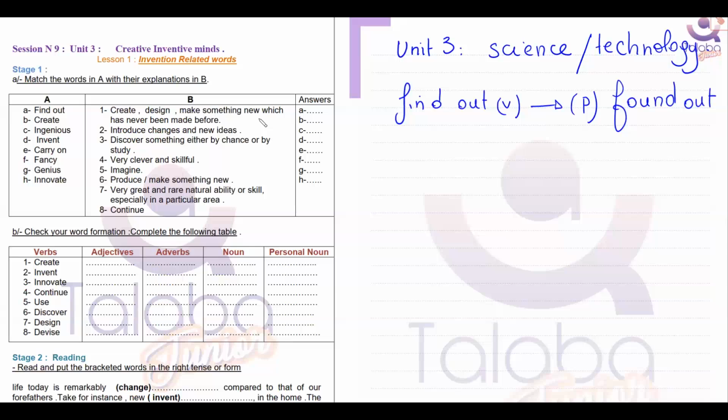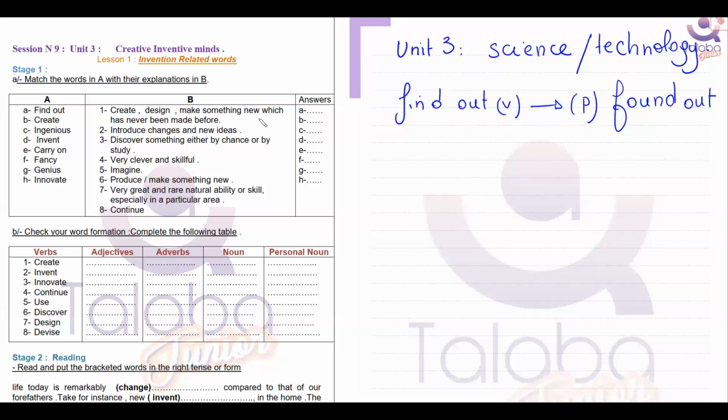Someone who is very clever. Number 5, imagine. Number 6, produce or you make something new. Number 7, very great and rare natural ability or skill, especially in a particular area. And finally, explanation number 8, it's continue.